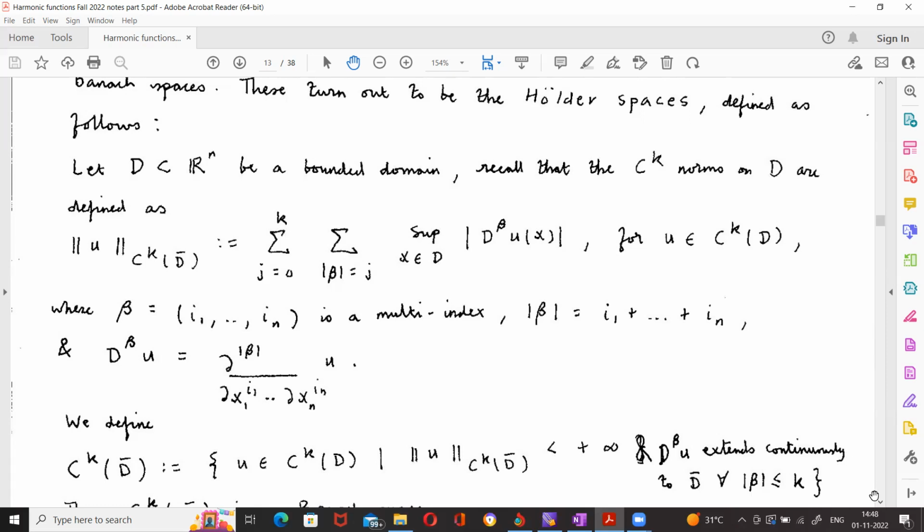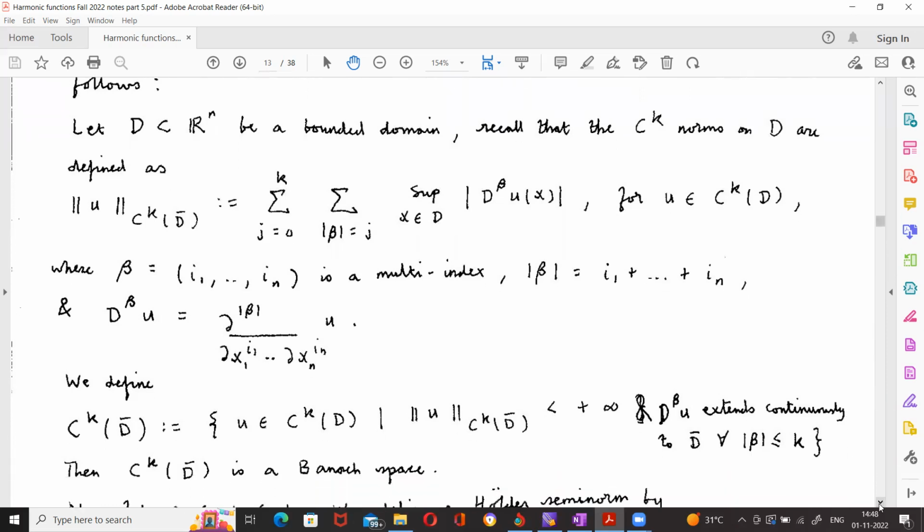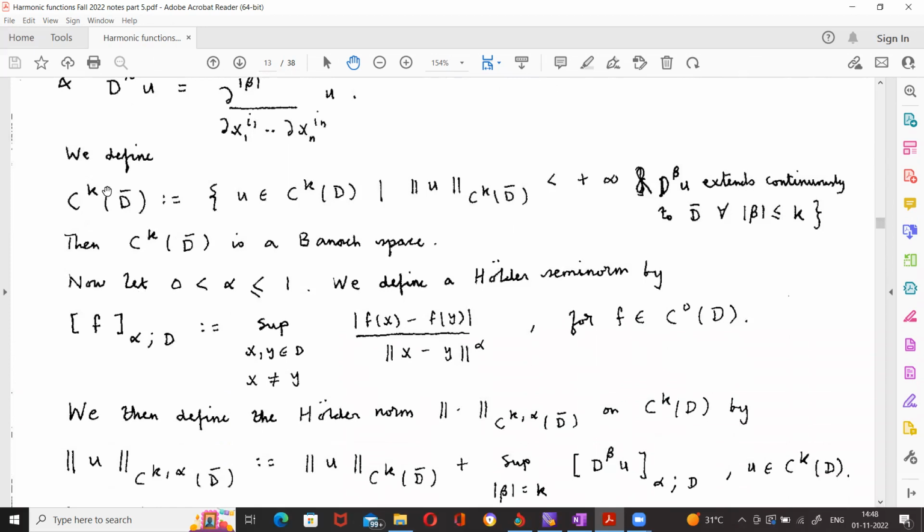And so then the Banach space CK of D closure, this is the set of U in CK of D. So that means these are CK functions in the interior of D, such that their CK norm is finite.